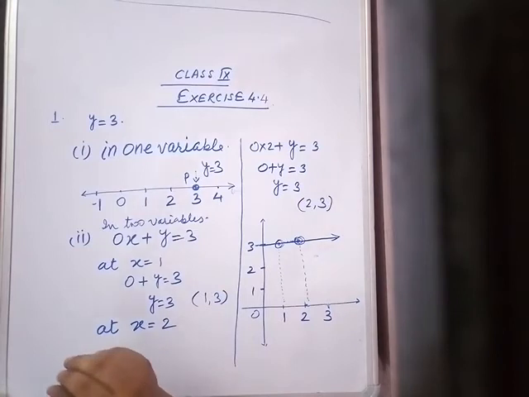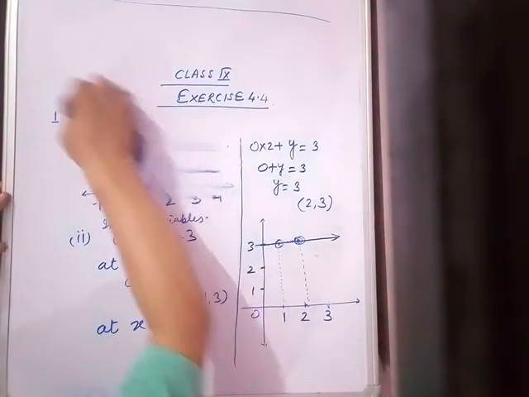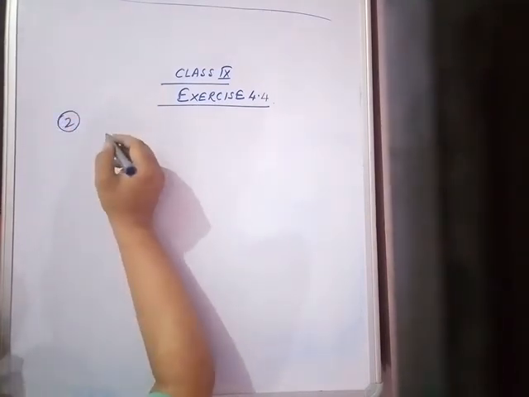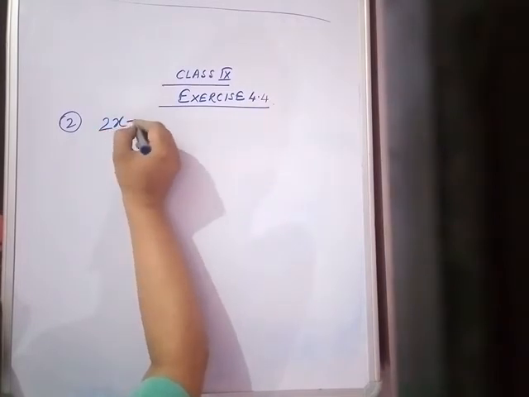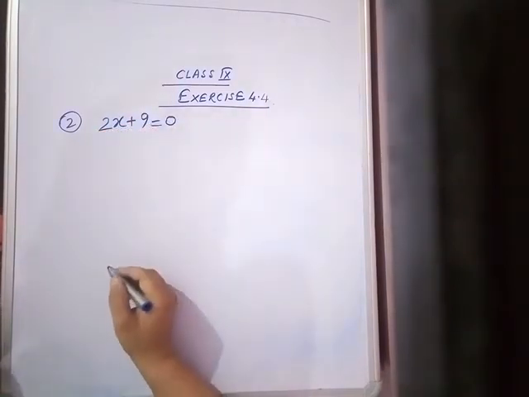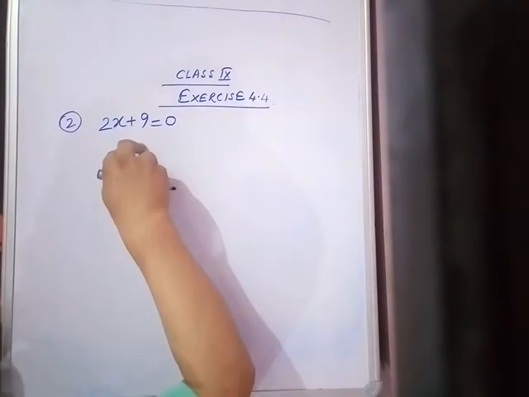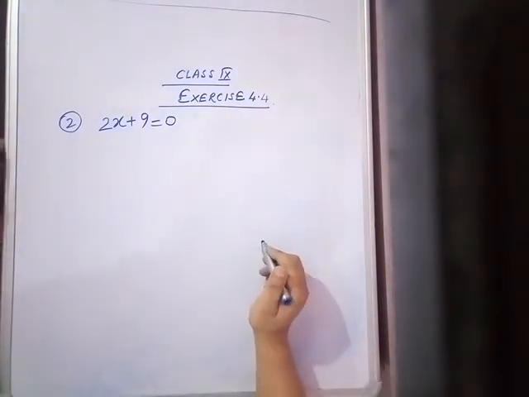Similarly, the other question of this exercise, question number 2, is given: 2x plus 9 equal to 0, and we need to give the geometric representation of this equation in one variable and in two variables.